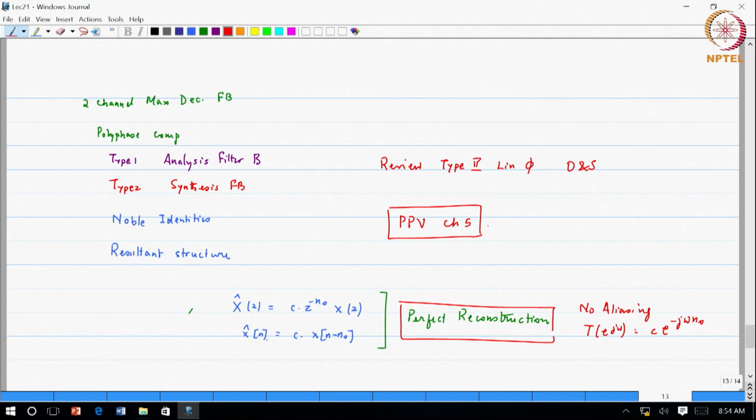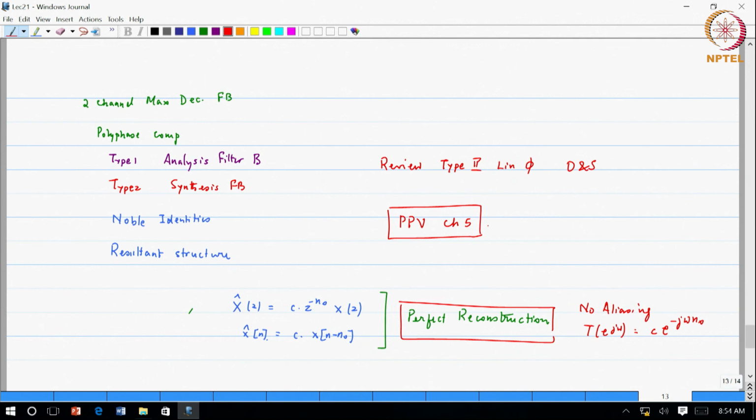So, if you can come prepared with the resultant structure, that is one step, the polyphase component part we can address. The other one is come with the expression for type 2 linear phase filters.